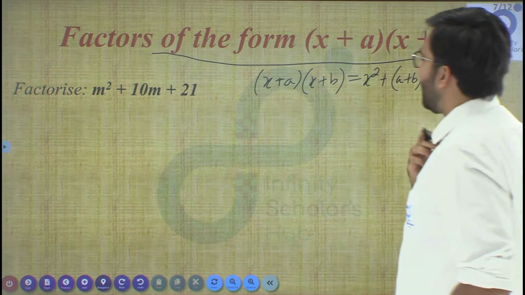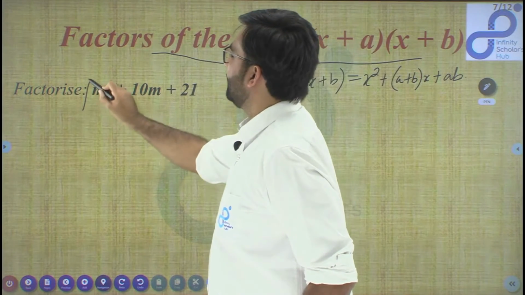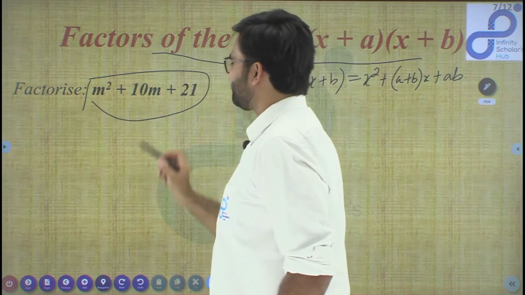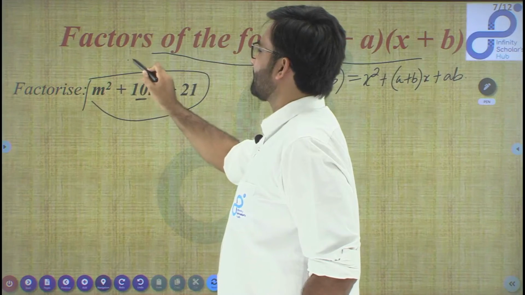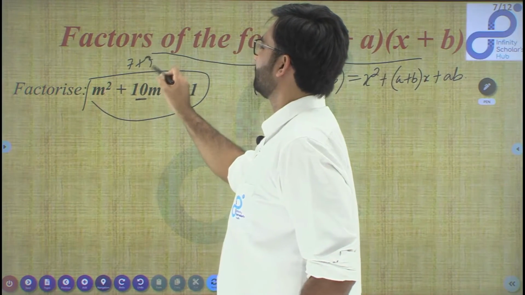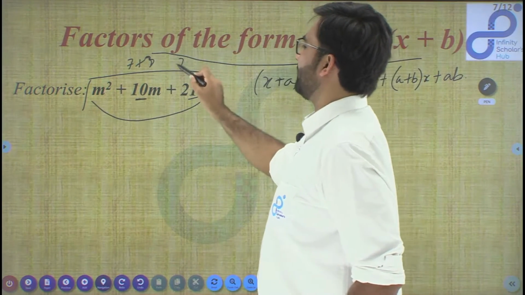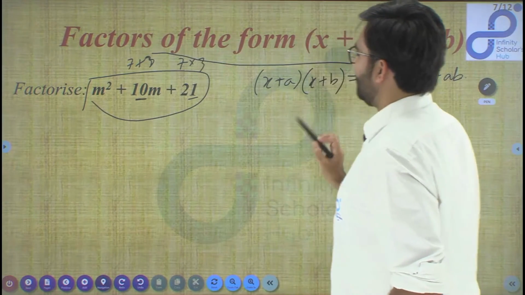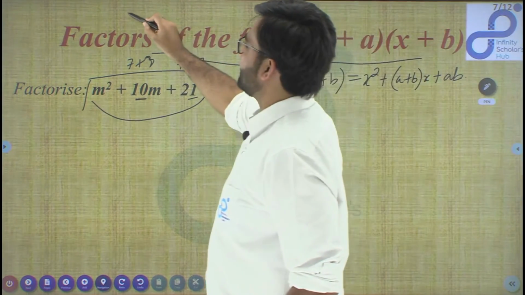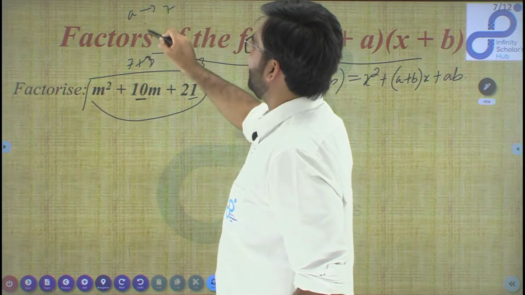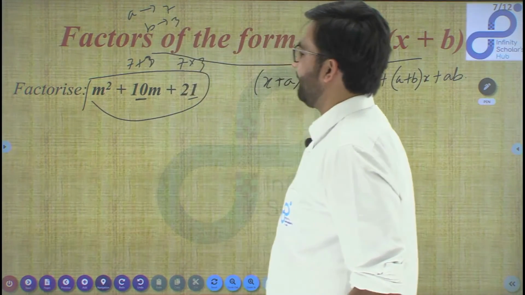So now see this expression, don't you think this is sum of 7 plus 3 and 21 is multiplication of 7 into 3. So that means your a can be 7 and your b can be 3, right.